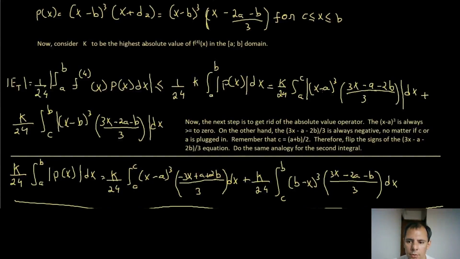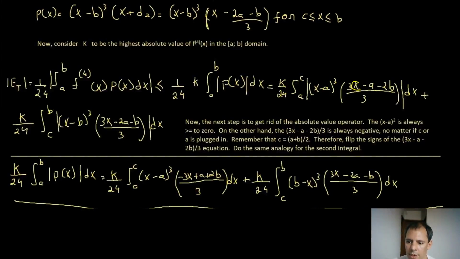When x equals a, this is going to be 0. If x is anything greater than a, this is going to be positive, so you don't have to worry about that. On the other hand, 3x minus a minus 2b divided by 3, this term is always negative, no matter if c or a is plugged in. Just plug in an a here, and you're going to see that it's true.